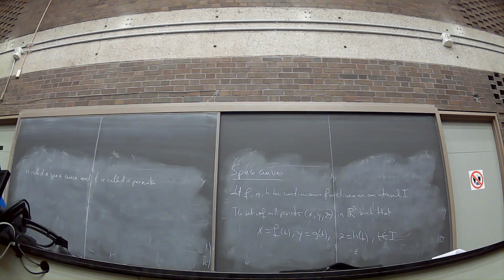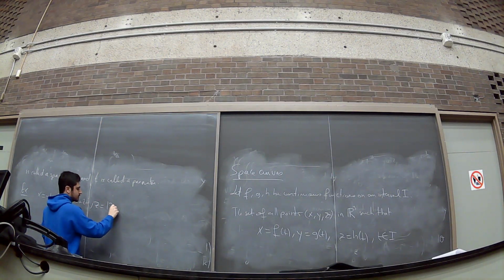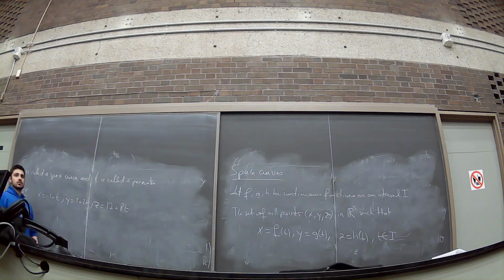Example, if you take x is equal to minus 1 plus t, y is equal to 3 plus 2t, and z is equal to 17 plus 8t, what do these represent? These represent the parametric equations of a line, right?